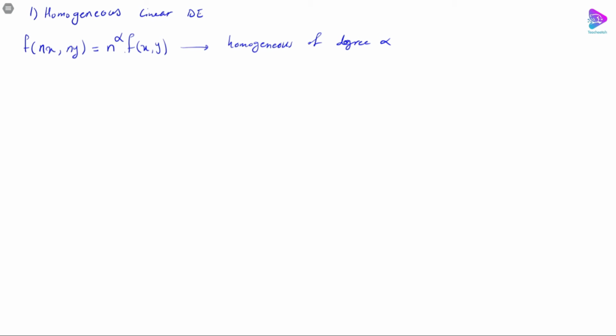So if I say x dy over dx is equal to x tangent of y over x plus y, and then I'm gonna change x to nx and y to ny, and remember n being a constant.